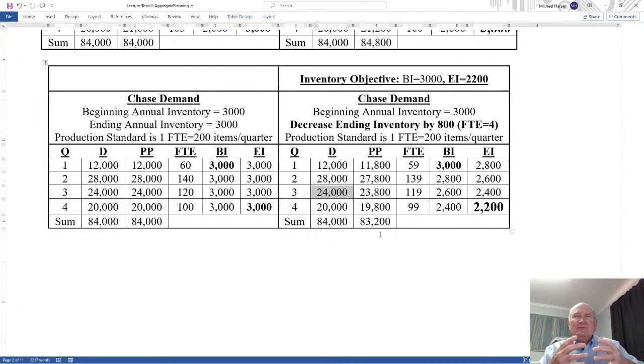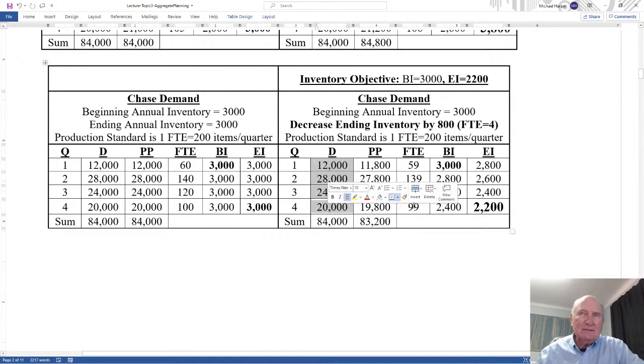Sometimes it's 24,100. Sometimes it's 23,950. So there's a little bit of variability. Well, how much variability is there in the actual forecast? The demand does have variability, but how much variability is there in the uncertainty of every forecast?